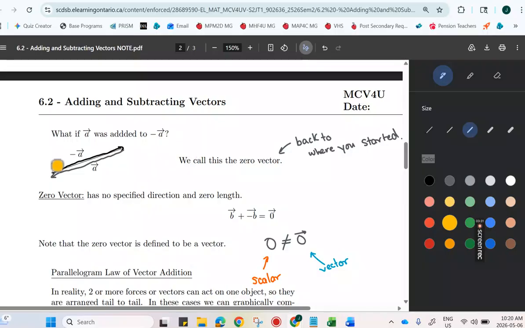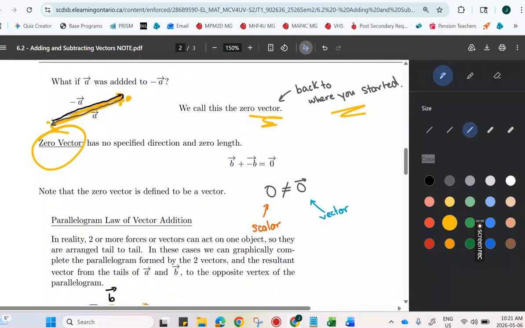Well, we call this the zero vector, back to where you started. So let's pretend this is vector A. Then what is negative vector A? Negative vector A is just the same vector, overlapping it, but going in the other direction. So don't you just end up where you started? That gives us the zero vector. Zero vectors have no specific direction and zero length.